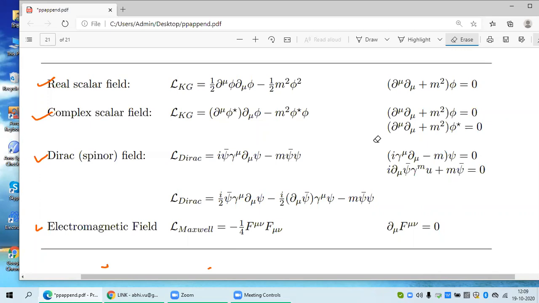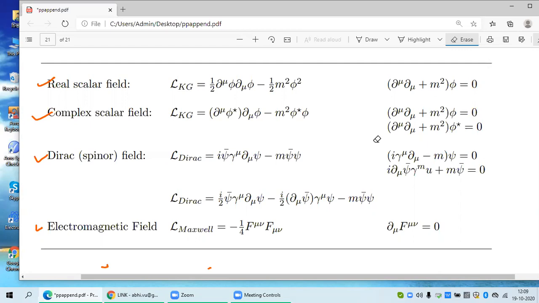Therefore, these Lagrangians have nothing to do with any physical measurement or any real observation, which should be connected to something that is not a free Lagrangian. All of these are free Lagrangians, just making your basis for understanding interacting Lagrangians.